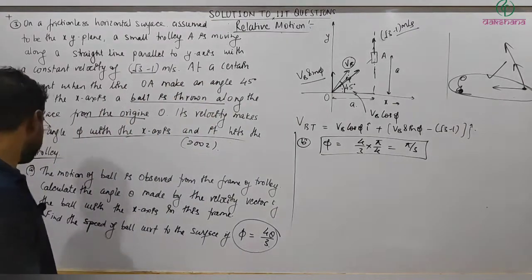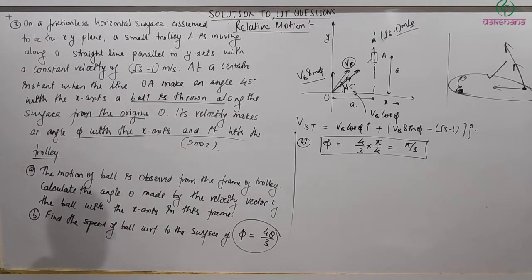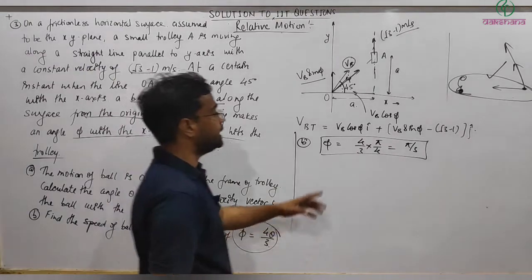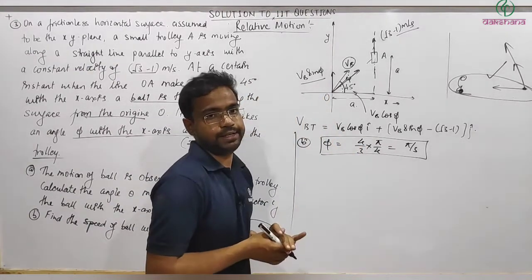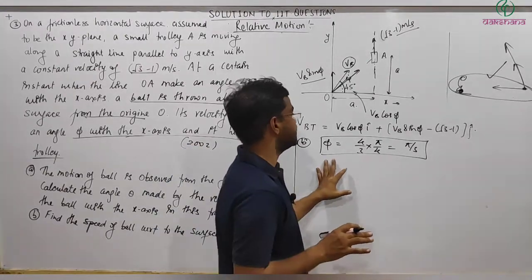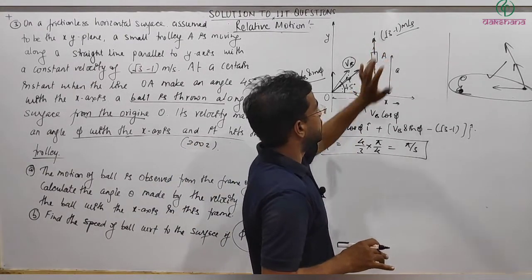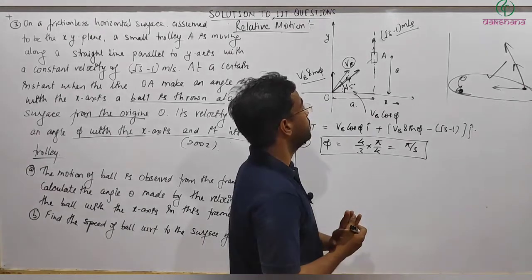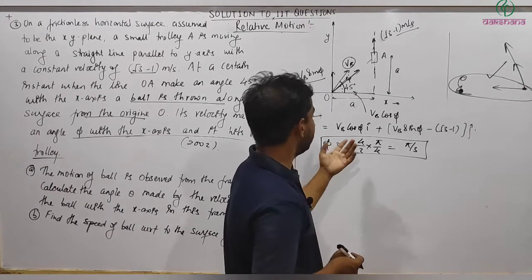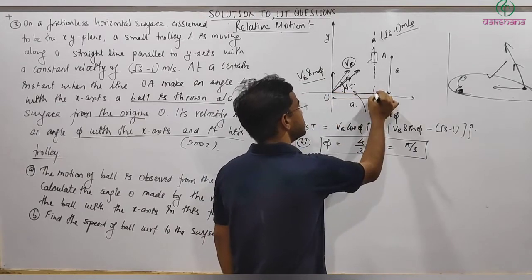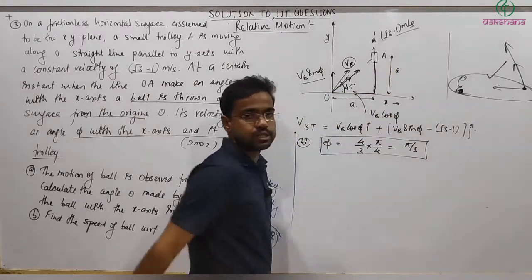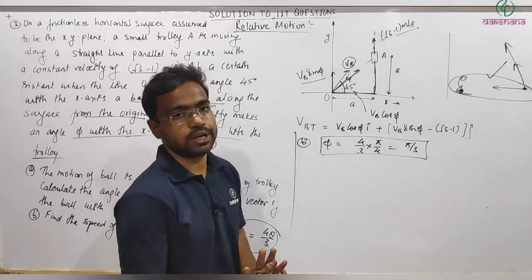Alright, now it's saying find the velocity of the ball with respect to the surface. So I need actually VB, right? For this I can use one condition. The condition is that the ball must hit the trolley, so that means by the time the ball covers this much distance, the ball must cover this much distance also from the frame of trolley.